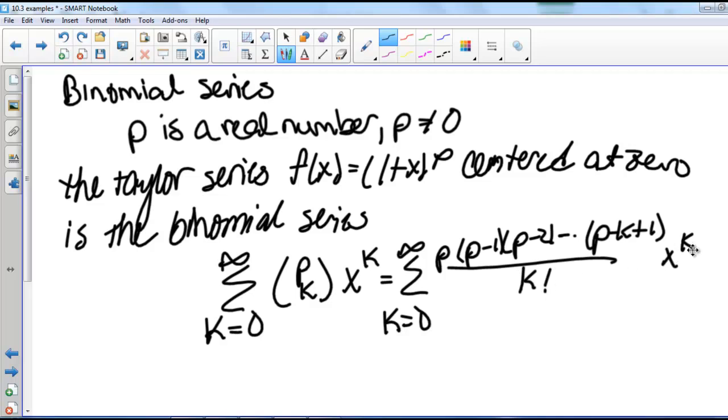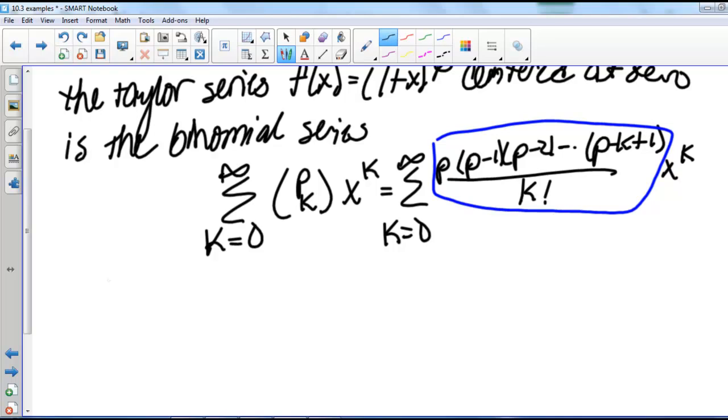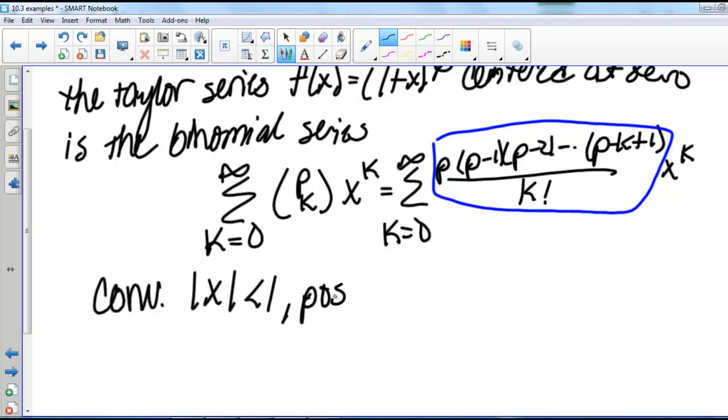So remember, this is just our binomial coefficient. And this series converges for the absolute value of x less than 1, and possibly at the endpoints, depending on p.